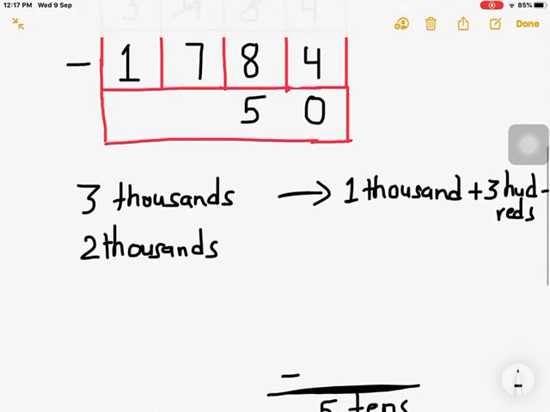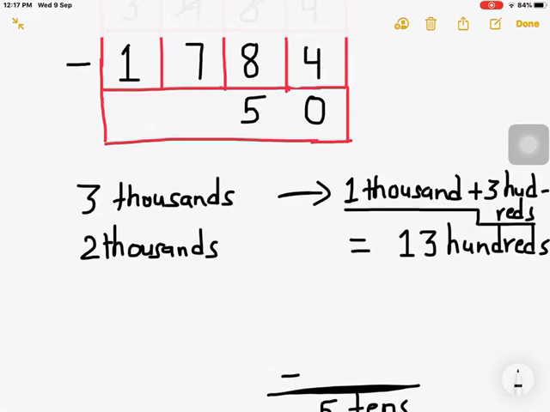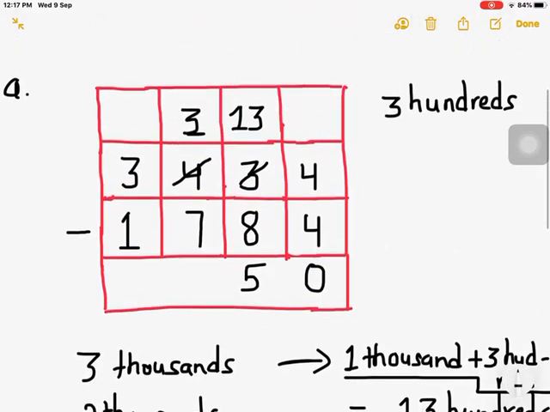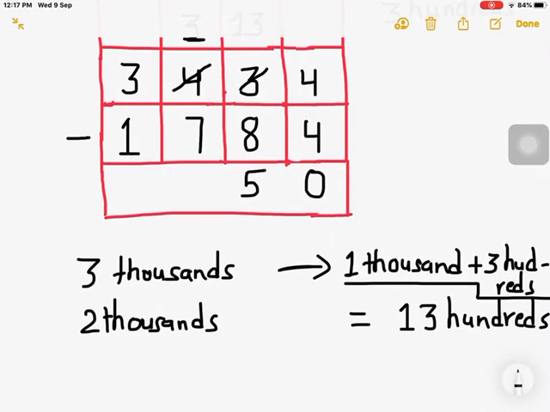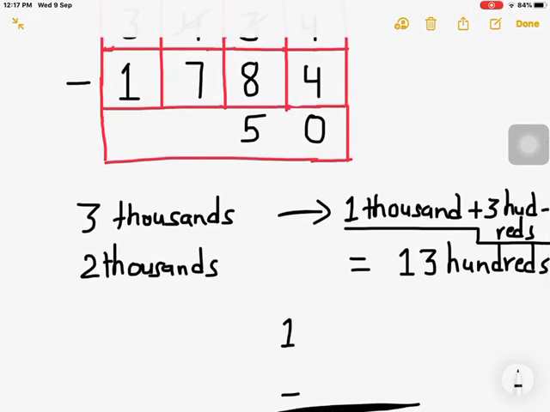Now when we regroup, it becomes 1300s, okay. Yes, when we regroup 1000 and 300, it becomes 1300s. Understood, everyone? 1000 is 10 hundreds, that is why 1000 plus 300s becomes 1300s.